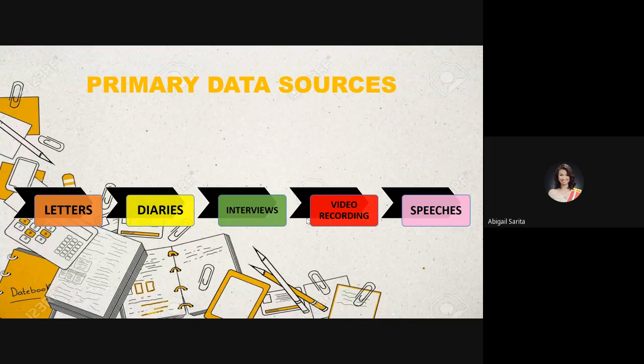Artista, 'di ba, kapag meron silang mga Metro Manila Film Festival, meron silang press conference, class, yung nasa long table sila tapos all the reporters are asking them questions. So right on the spot, you gathered all informations coming from their own mouth or own tongue. So lahat 'yun lumalabas sa kanila. So these are some of the primary data sources that you can use in order for you to gather first-hand informations.